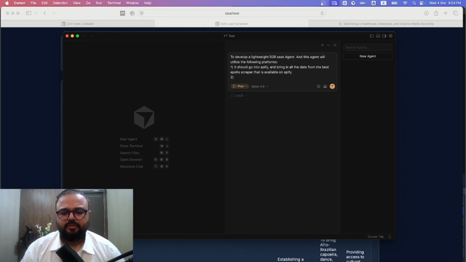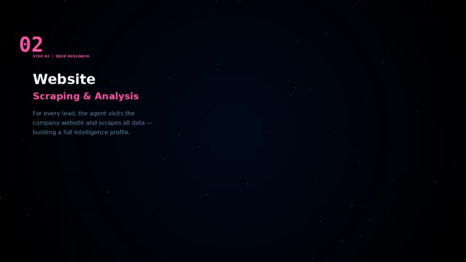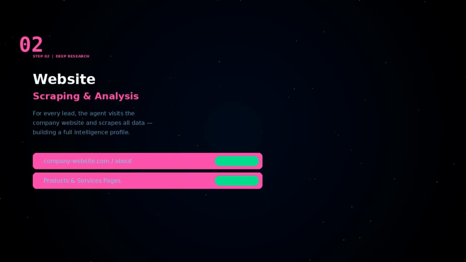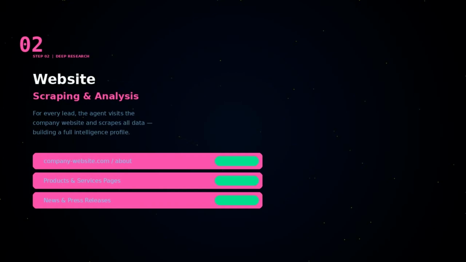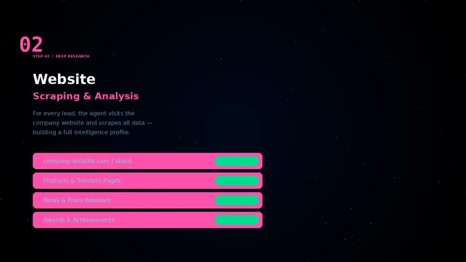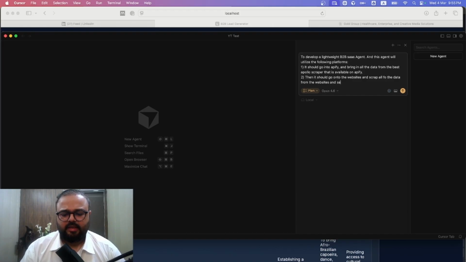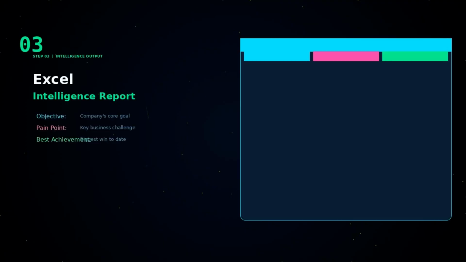Step number two should be, then it should go on to the websites and scrape all of the data from the websites and save this data into an Excel sheet, right?